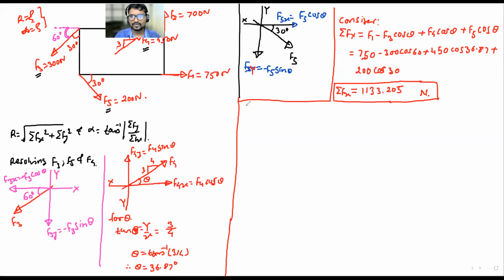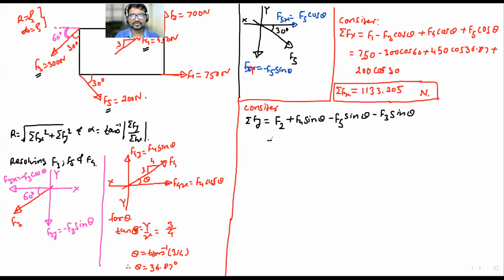Okay. Now consider the summation of the forces along the y-axis. Summation Fy is equal to, say, who all will come? F2. F2 plus or minus? Plus, exactly right. Next, plus F4 sin theta, minus F5 sin theta, minus F3 sin theta.